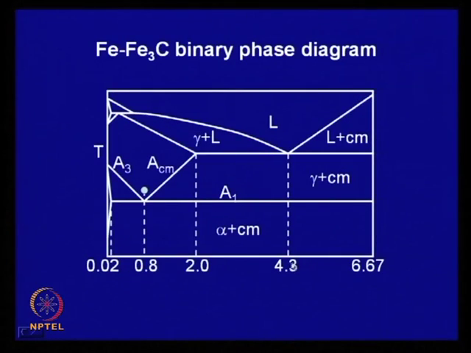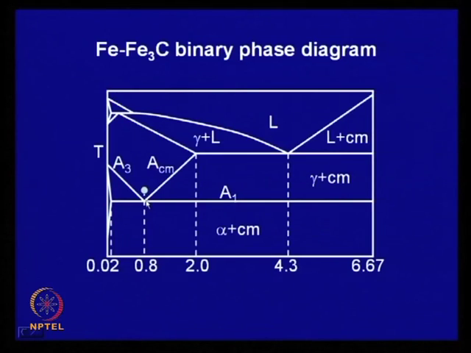Now, let us look at the structure of this eutectoid steel critically. Last class we looked at that if you cool a steel from this austenitic region which has a carbon content of around 0.8, this is the eutectoid point.